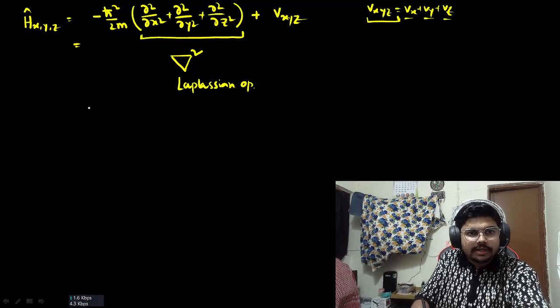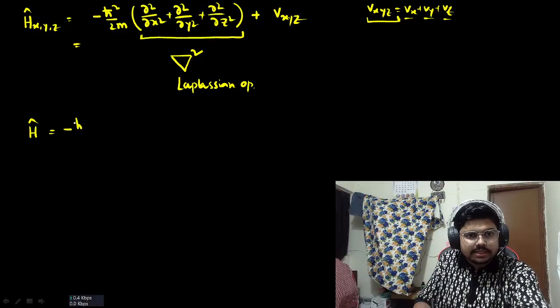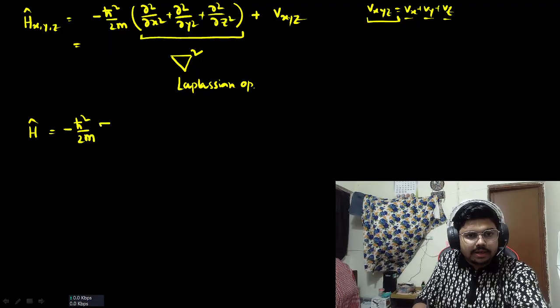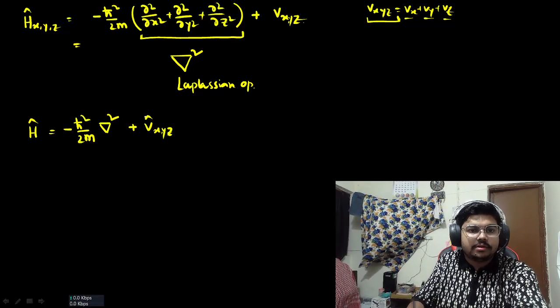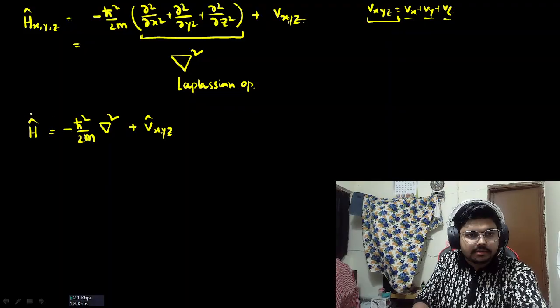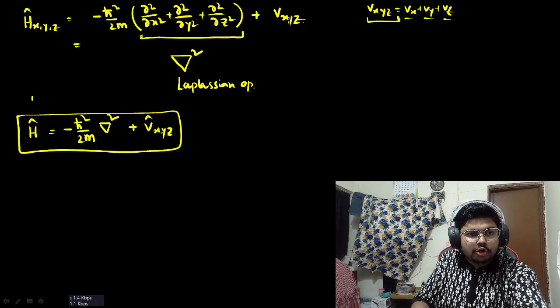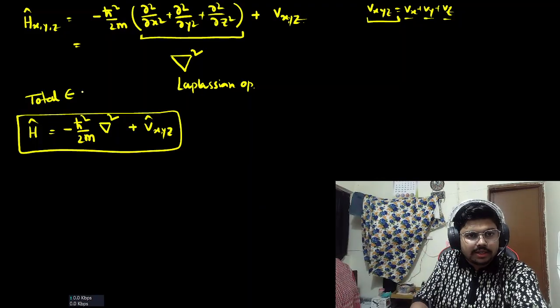So the whole entity I can write as H equal to minus h cut square upon 2m Laplace square plus V of x comma y comma z. Okay, fine. So this is the operator of total energy, right? So H is basically the total energy operator in quantum mechanics.